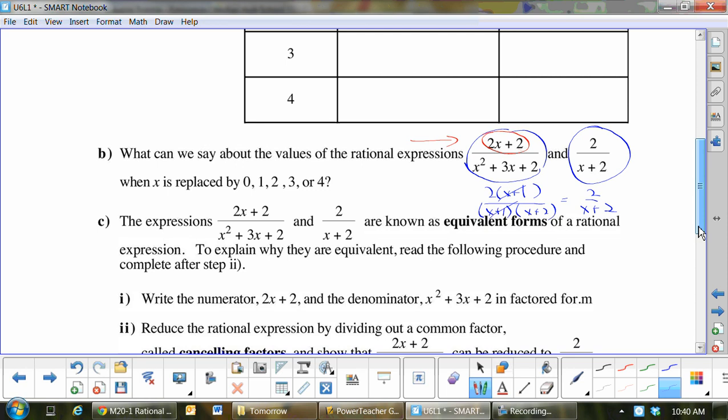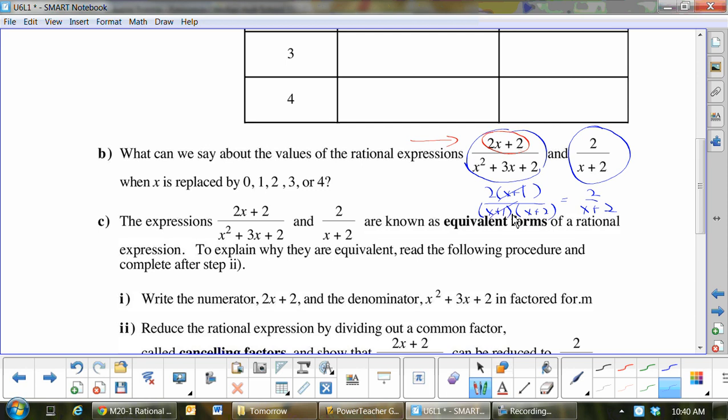This one here, if you just got this question, 2 over x plus 2, what's the non-permissible value? -2. This one here, if you were given this and you got to here, what are the non-permissible values? -2 and -1.